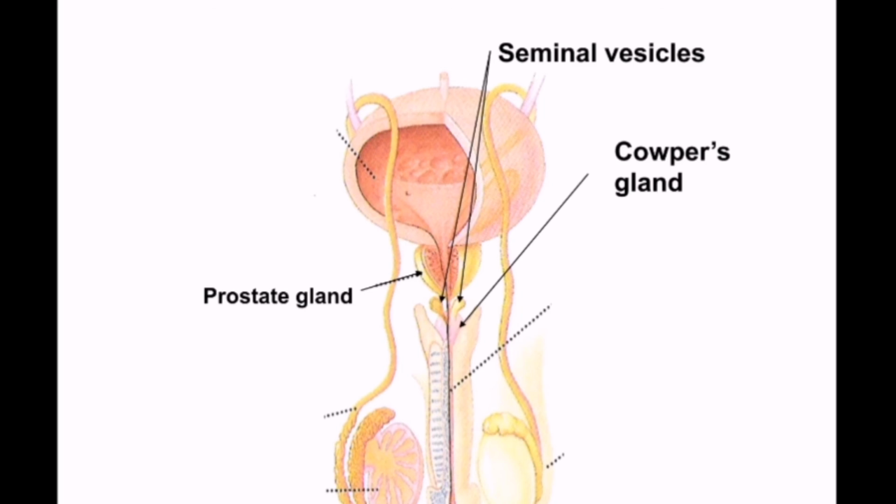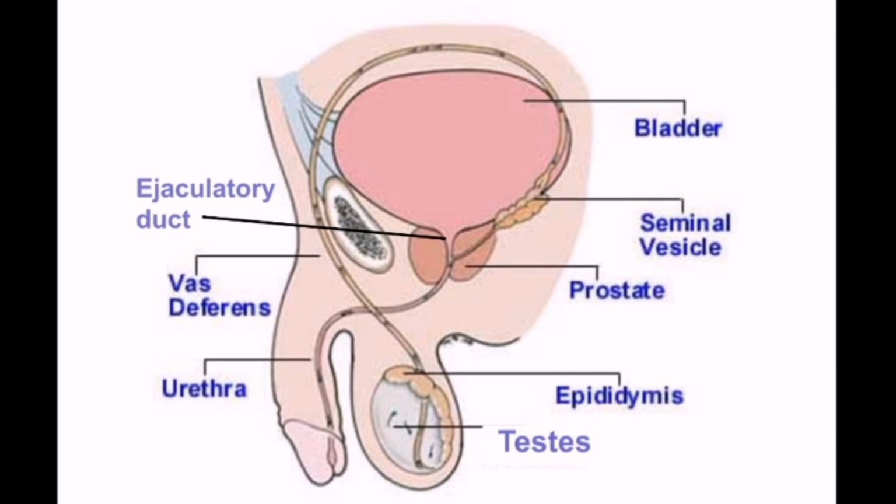So all three of these make a liquid called seminal fluid that'll help make semen, which will keep the sperm alive. So on this side view, you can clearly see how everything fits together. We've got the big bladder there in the middle. Just behind it, we see the seminal vesicles and the prostate gland, which add liquids to make semen.